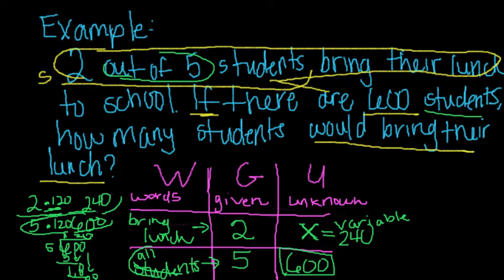Let's go and look at another example so that we can work on this a little bit more. Okay? Let's do this. There are 3 cats for every 8 dogs in North Richland Hills.